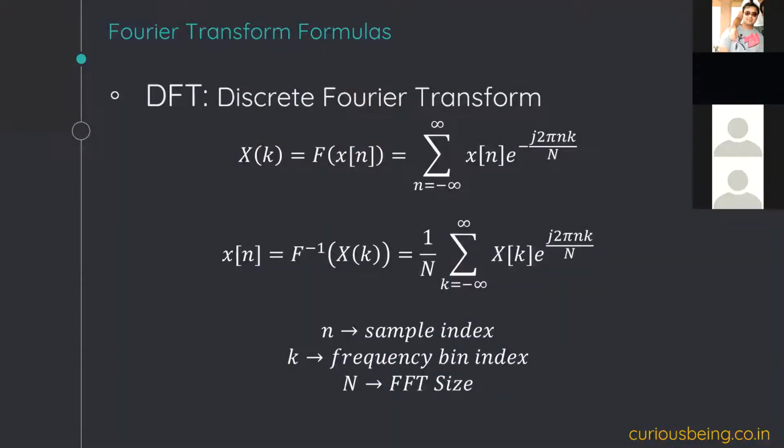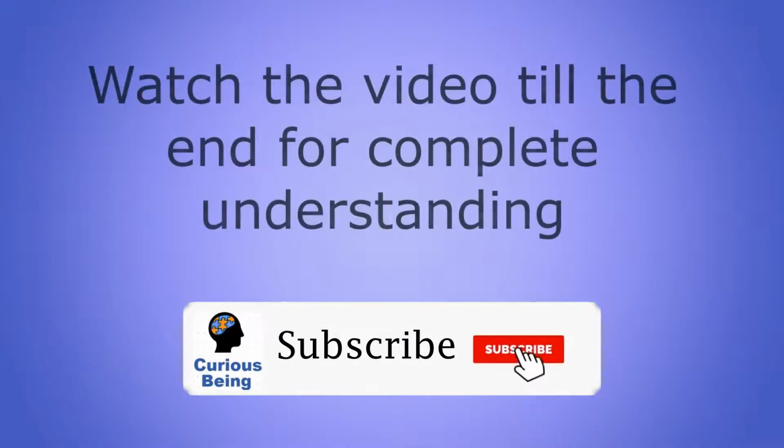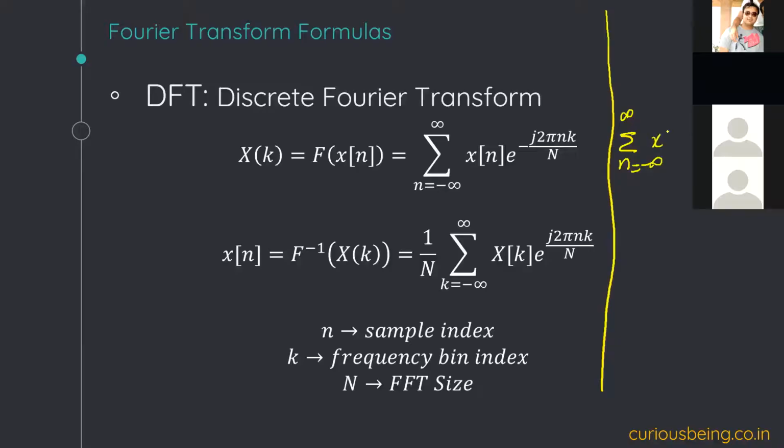Now comes the main thing, the DFT case. To understand this, I will also write here the DTFT equations, because then we can easily relate them. e to the power minus j omega n.